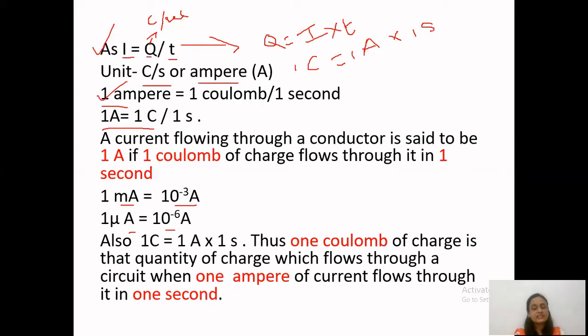So from here I can define 1 coulomb. 1 coulomb is the quantity of charge when 1 ampere of current is passing through a conductor in 1 second. So hence I can define 1 coulomb like this.